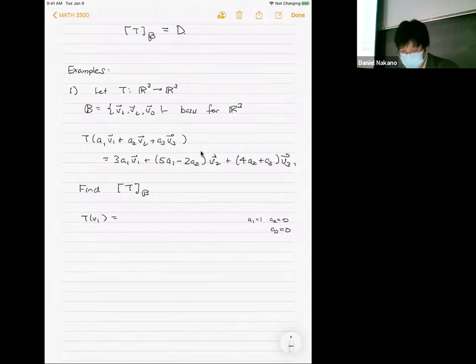We get 3V1, the next one is 5V2, and the last one is 0V3. Everyone see how we did that? We just substituted A1 to be 1, A2 to be 0, A3 to be 0 to get the value of T of V1.